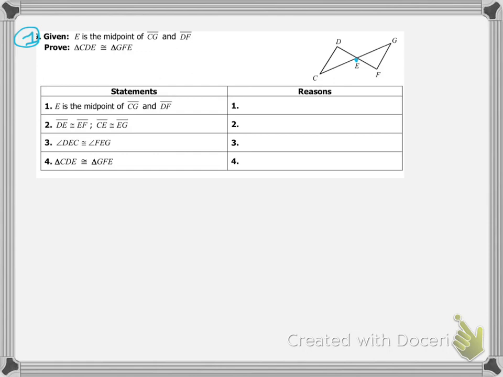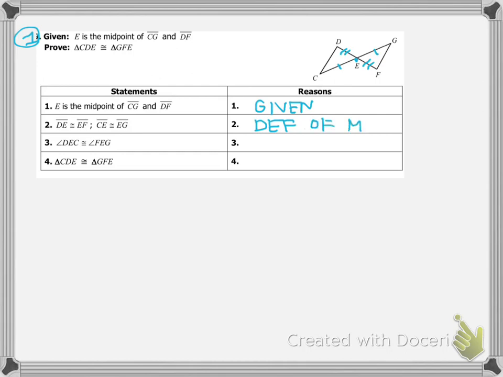So that means that CE is going to be the same distance as EG. Also, that means that DE and EF are going to be congruent. E is the midpoint, so the reason here would be that it was given to us. DE is going to be congruent to EF by the definition of a midpoint.